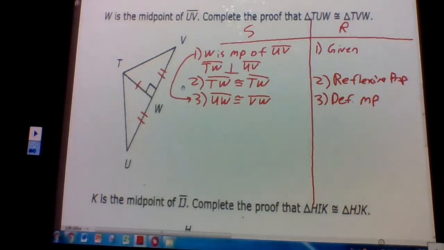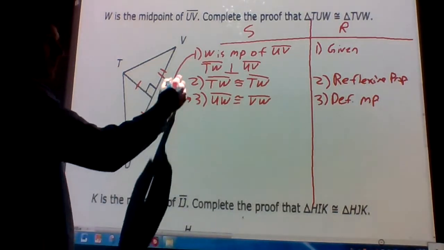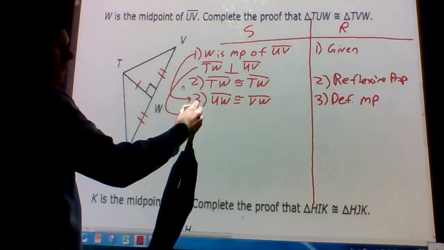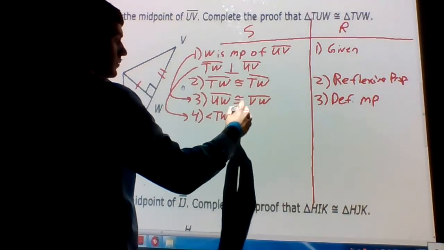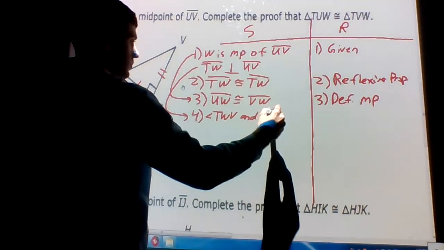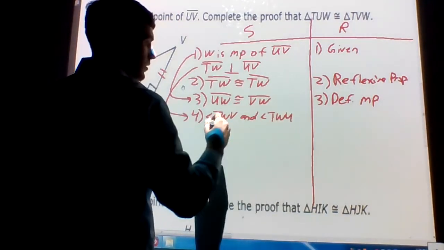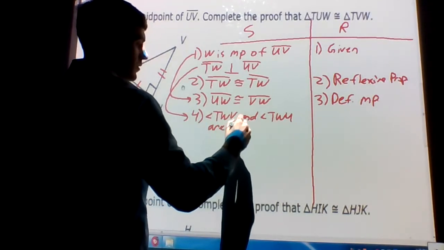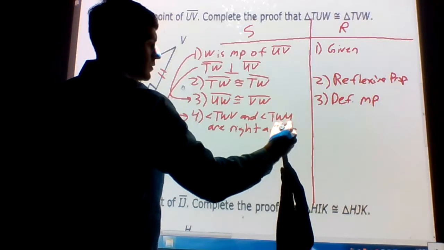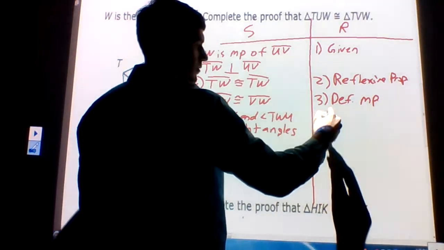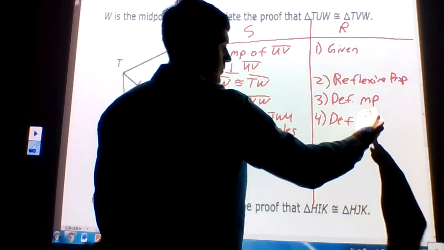Keep going down our list. We don't have parallel bisector, we don't have parallel lines, but we do have perpendicular lines. Okay, perpendicular lines form right angles, so we know angle TWV and angle TWU are right angles. And that's the definition of perpendicular.